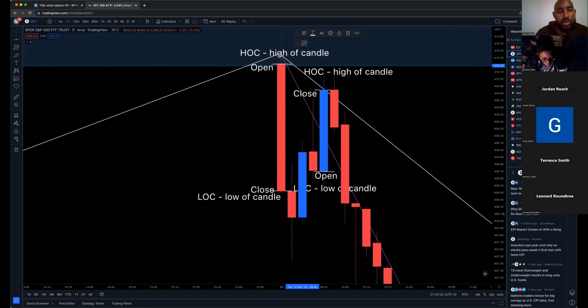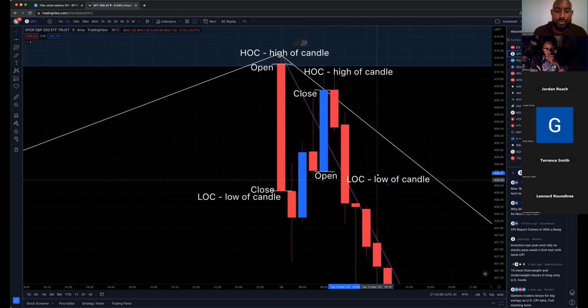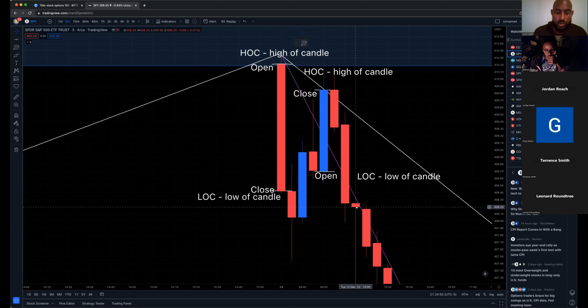The close of the actual candle body itself is the only thing that's opposite. When it comes to the wick, it's just how far market came down or how far market came up. So the wicks are just high and low. The actual candles themselves have to do with open and close. That makes sense? Yeah, it does. Okay.